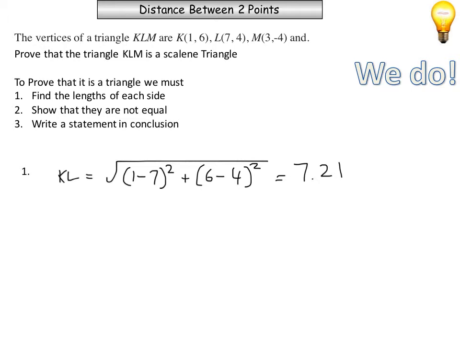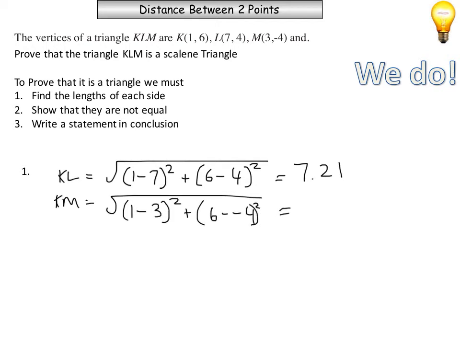Now we need to find the length KM, and so we're going to do the square root of 1 minus 3 squared, looking at the M x-ordinate, plus we've got 6 minus 4, all squared, which equals 10.12.